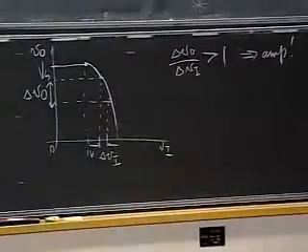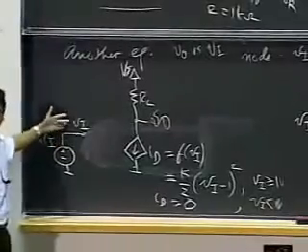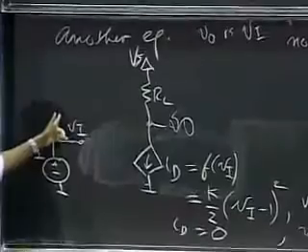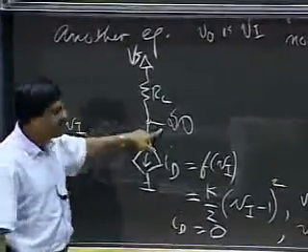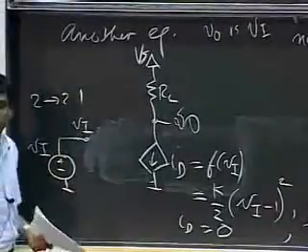So what's that saying? What that's saying is that if I apply some voltage here, and I change that voltage by a small amount from, let's say, 2 volts to 2.1, I'm going to find the output voltage. So let's say I go from 2 to 2.1 here.